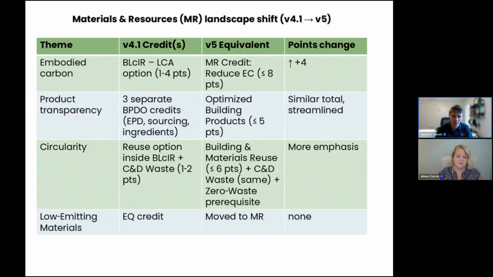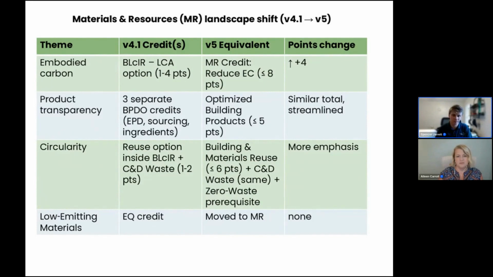And then we do have the new prerequisite actually requiring some level of embodied carbon assessment for any new projects. 6 points for the reduce embodied carbon credit, 2 for the low emitting materials credit, which is now nested within the MR category, 5 for building product selection and procurement, and then 2 for construction, demolition, and waste diversion.